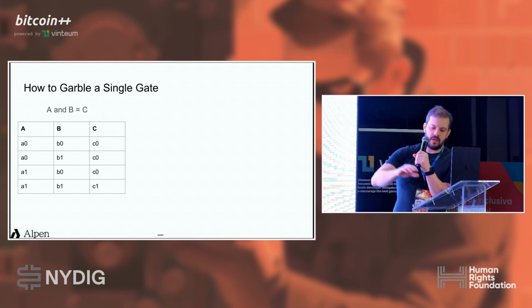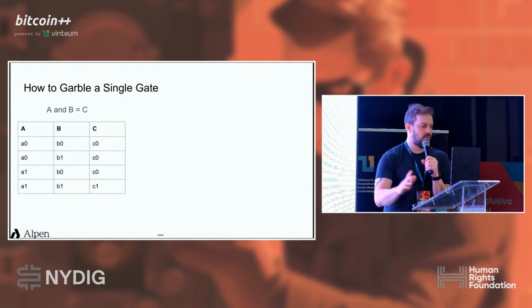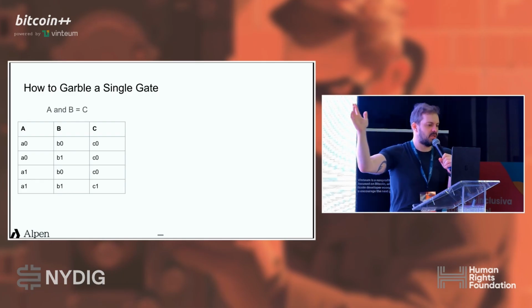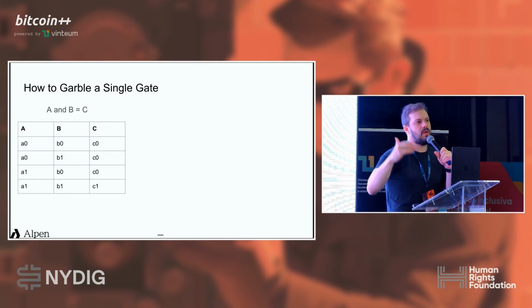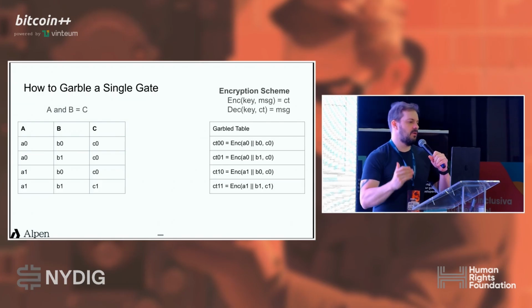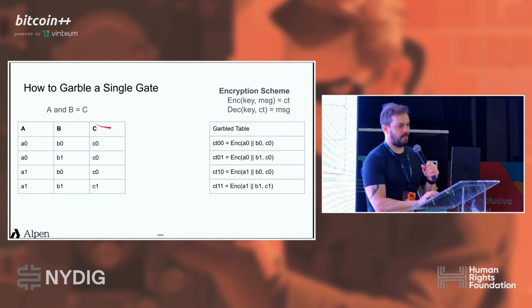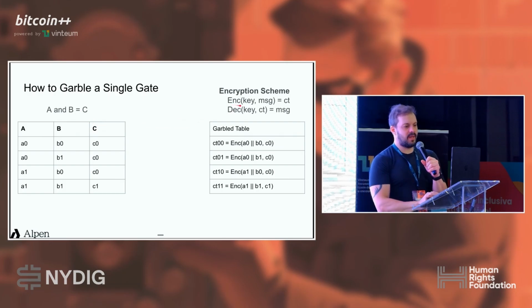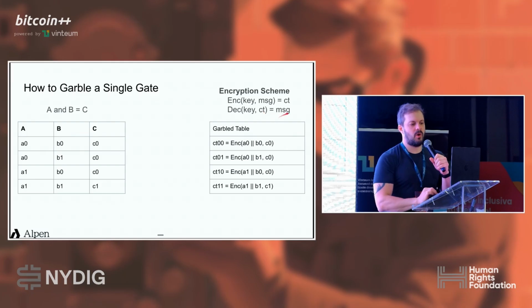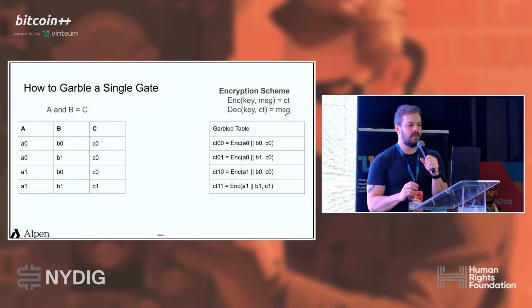So instead of using values, you use labels: A0, B0, C0, and these could be hashes, or 20 byte IDs. And what you do is you have an encryption scheme where you encrypt with a key and message and get a ciphertext, and it's a symmetric encryption. Using the same key and the ciphertext, you can recover the message. Now, how you do it is really interesting.